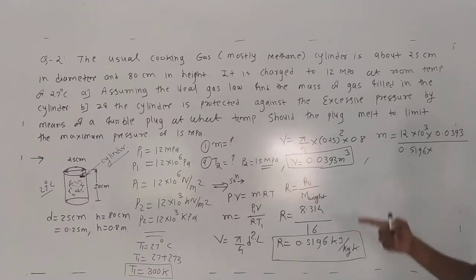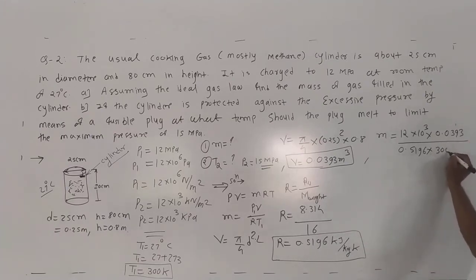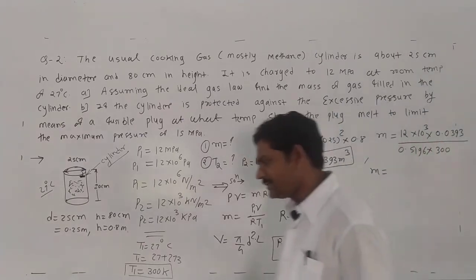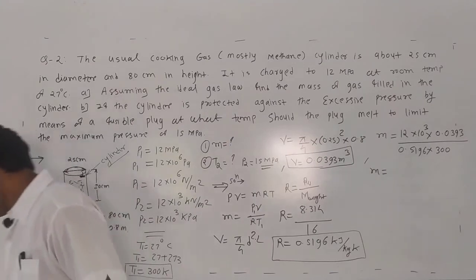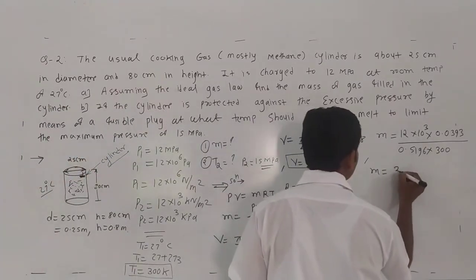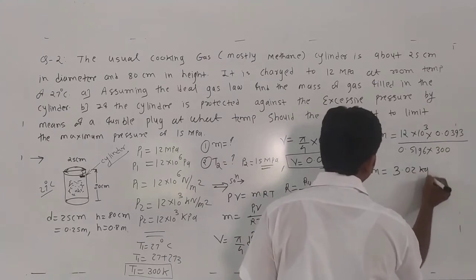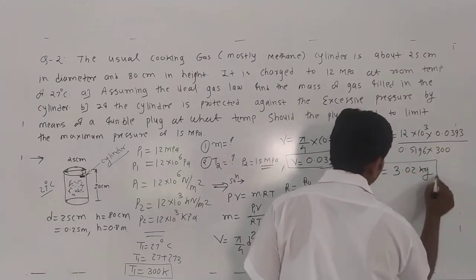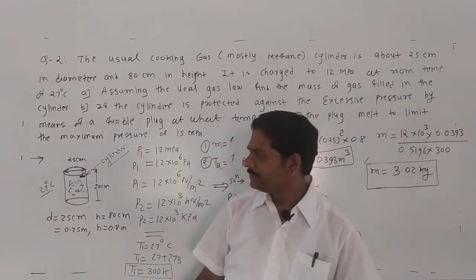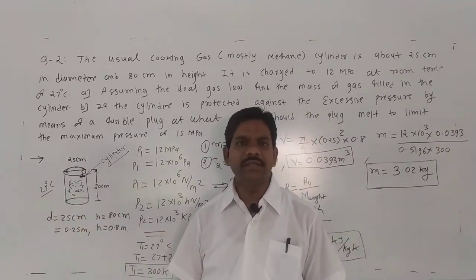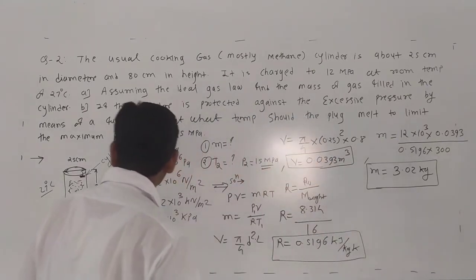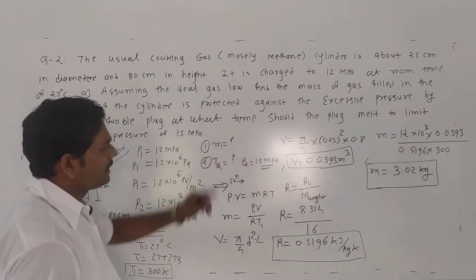How much is T1? 300 Kelvin. So determine this mass. Do the calculation, boys and girls. So what is it? It is 3.02 kg. This much mass of methane is present inside the cylinder. So we determined the mass M.